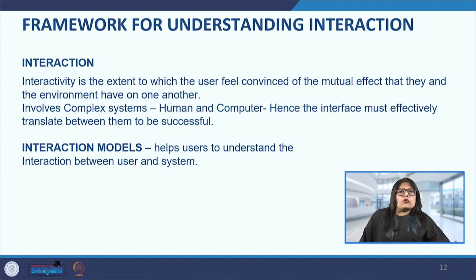So, this is a complex system which involves the human and the computer, and in order to understand this complex movement between the human and the computer, like the loop we saw earlier, the interface must efficiently translate the information to the users so that they are able to take the next step efficiently.